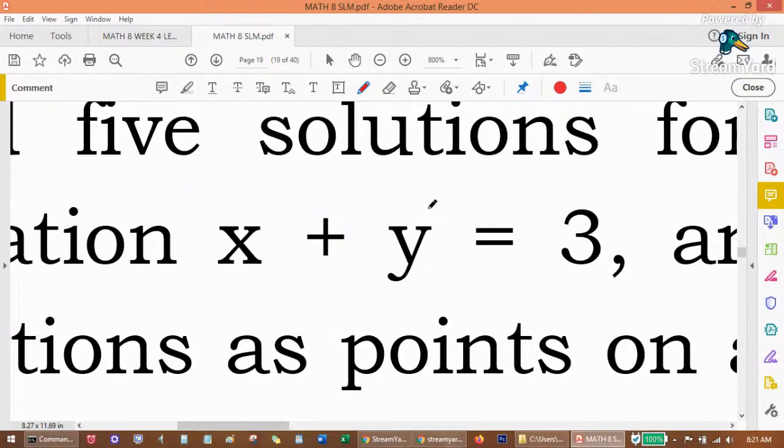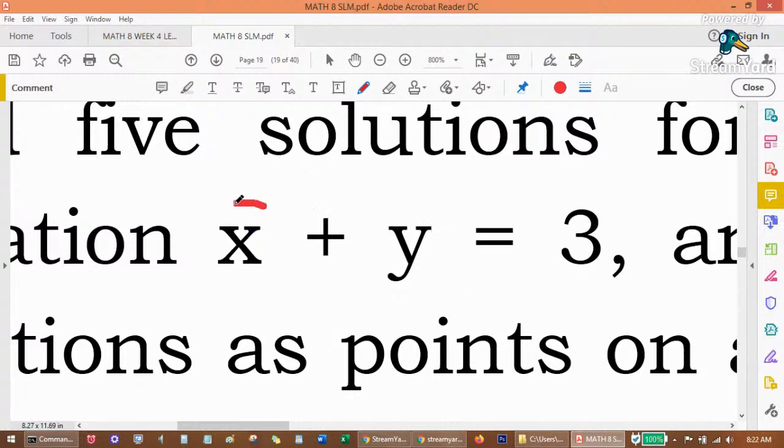Kapag nagkaroon ng exponent other than 1, no? Kapag hindi na 1 ang exponent. Pero kapag 1 ang exponent, kapag walang nakasulat na exponent dito, that's understood the exponent is equal to 1.